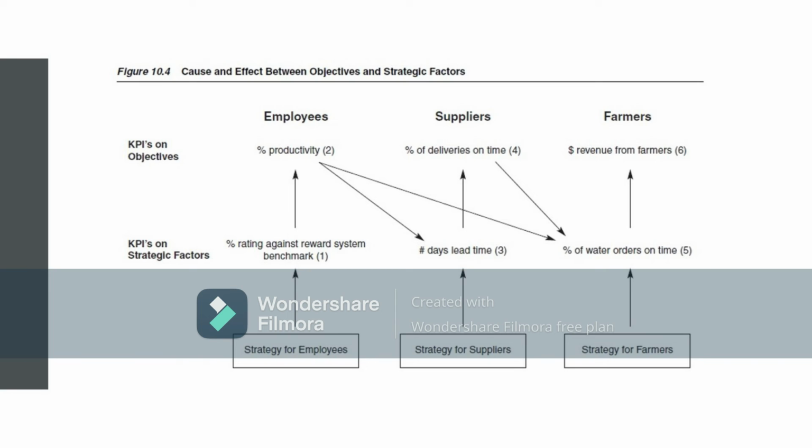Our method has been employed in a very innovative way to look at cause and effect between KPIs for different key stakeholders. This is our mapping of KPIs. Let's read a figure from left to right, starting with employees.